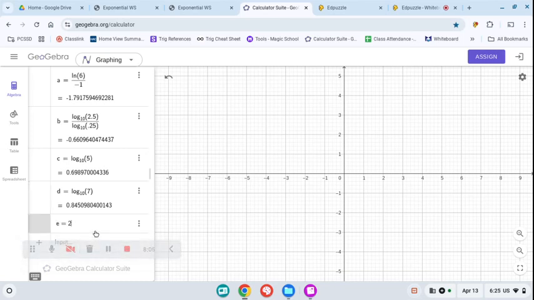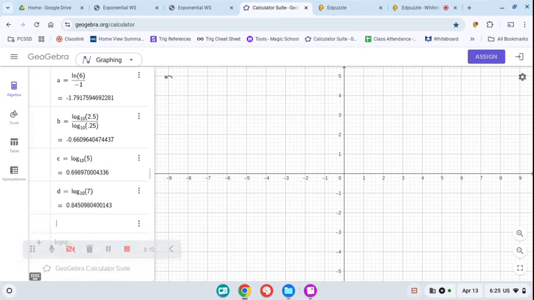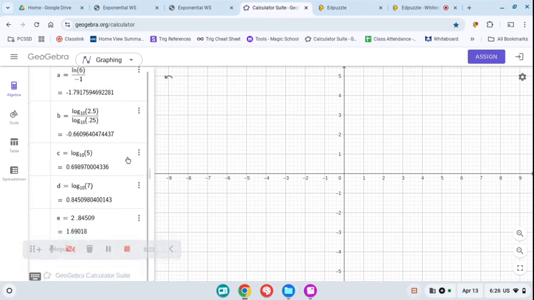Oh, it's going to get real angry at me. I like Desmos better when it comes to this. So I'm going to go 2 times 0.84509. I get that. That's on the bottom. So now I have 0.69897.